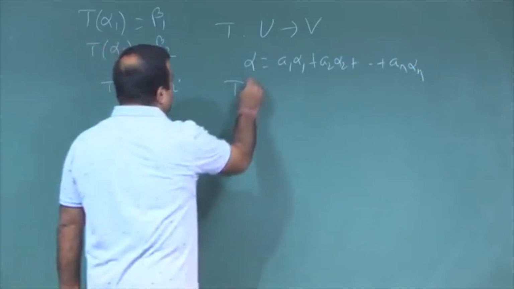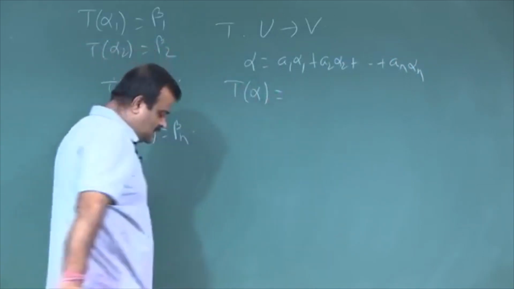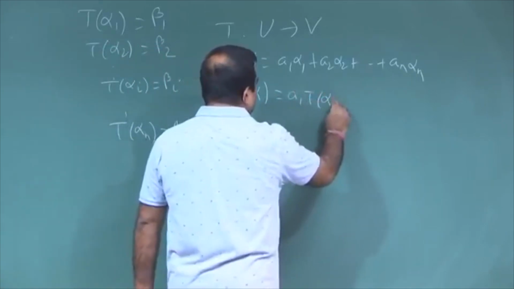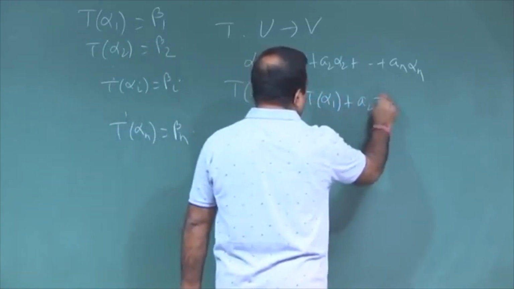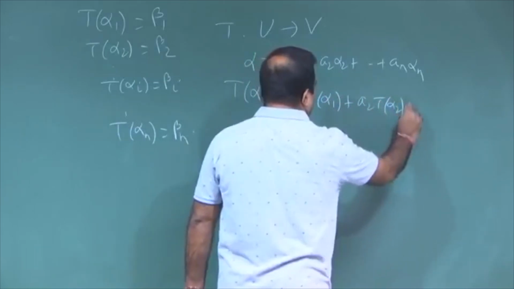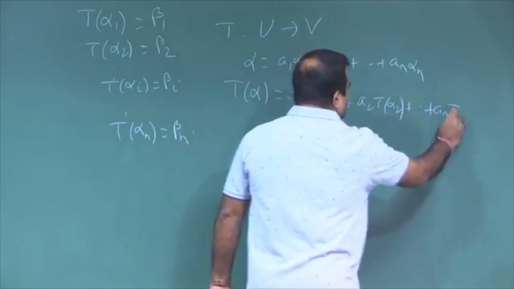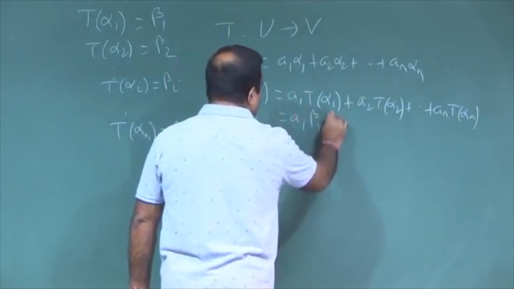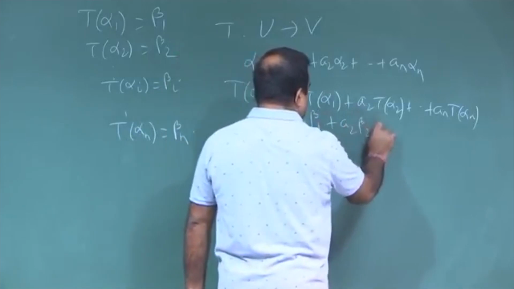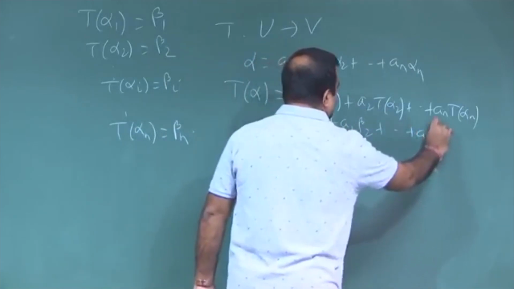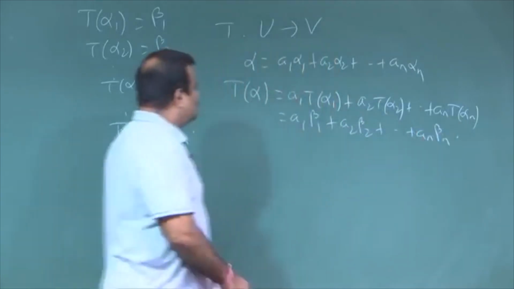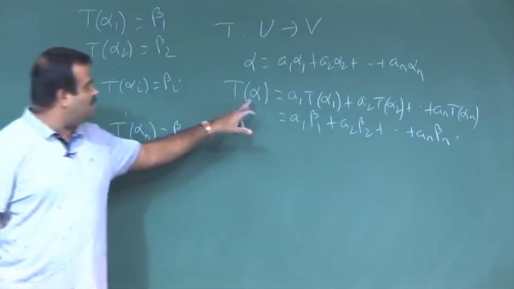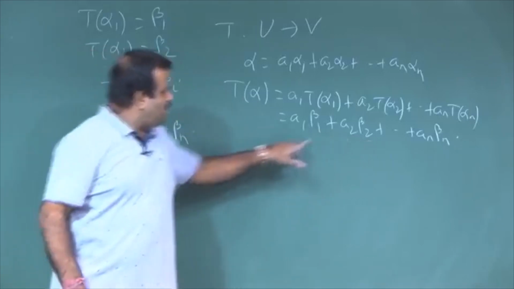T alpha is defined as a1 T alpha 1 plus a2 T alpha 2 plus up to an T alpha n. So, this is basically a1 beta 1 plus a2 beta 2 plus up to an beta n. This is the way we define T from U to V. We take any alpha from U, and define it this way.